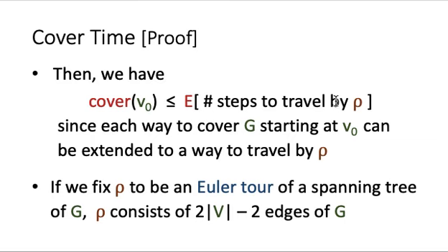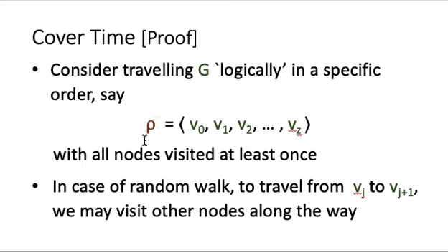Now, according to this rho, we will see that the cover time, if we start at V0, will be less than or equal to the expected number of steps to traverse by rho. This is only logical. Before we end here, we may have already visited all the nodes, and in that case we stop when we are talking about cover.